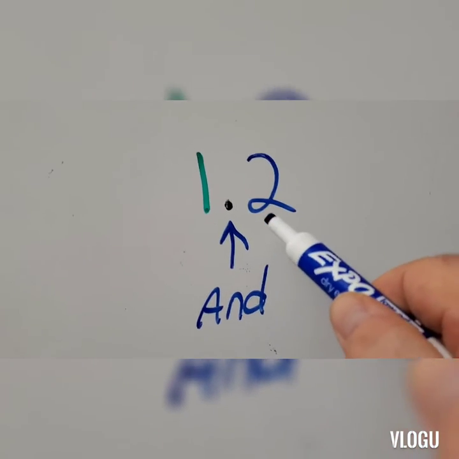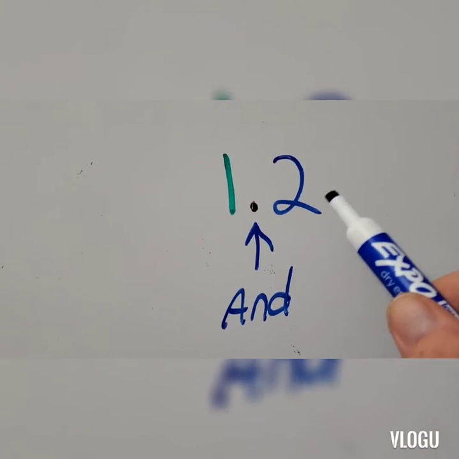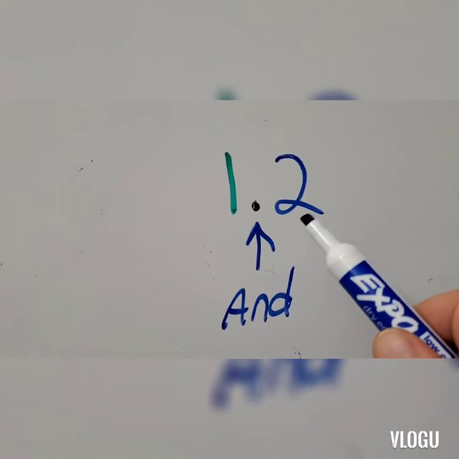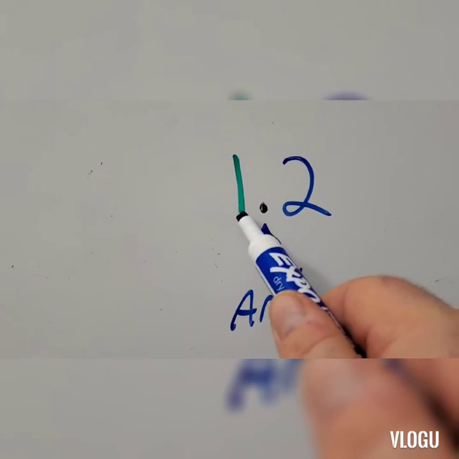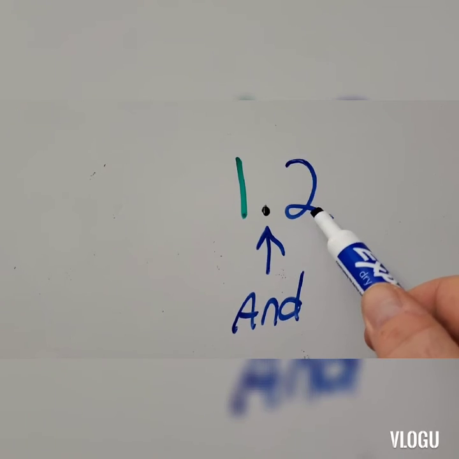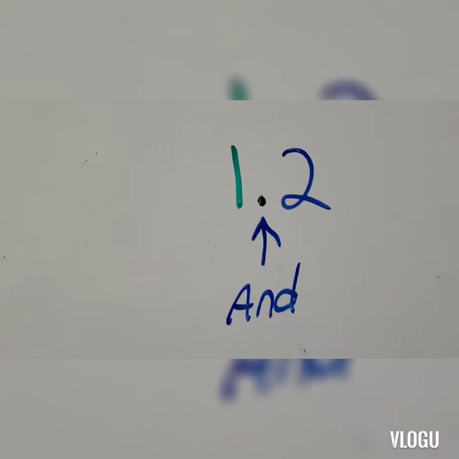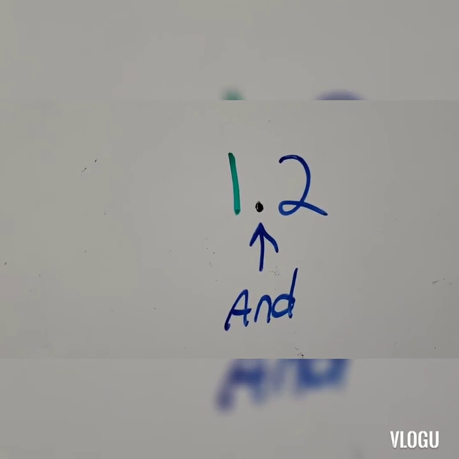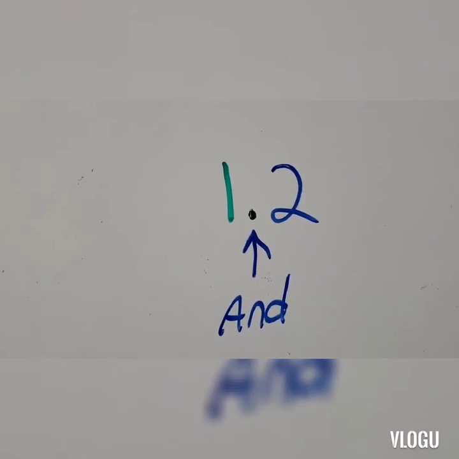It means that everything after the and is a number less than 1, less than a whole. So this would be 1 and 2. We say the number and then the place value, tenths. 1 and 2 tenths.